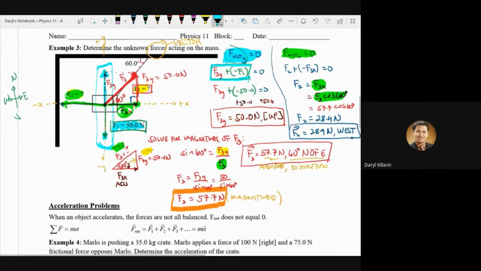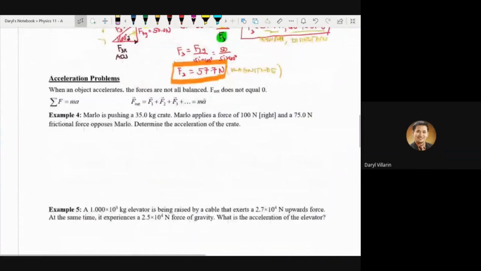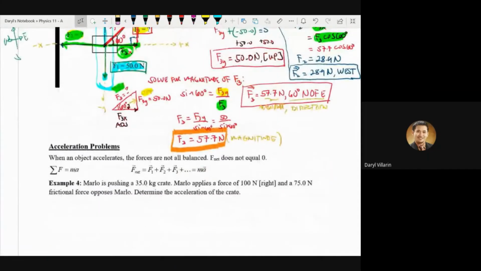Okay, so if there's no question with example number 3, we can proceed with the next examples. This time, acceleration problems. So if you have acceleration, the one that is applied here is Newton's second law.